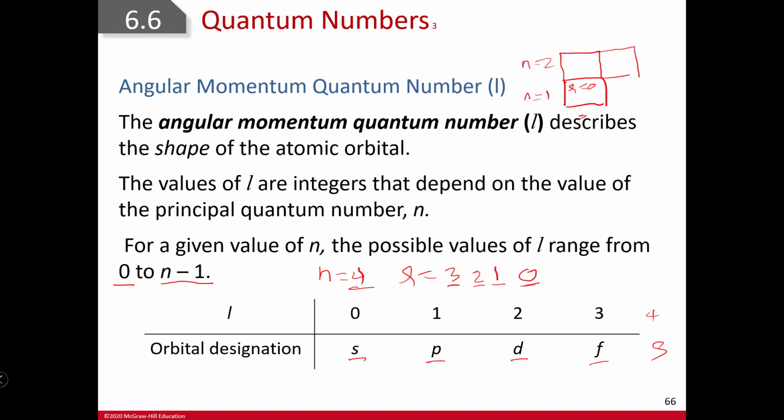You get L equals 2 minus 1, which is 1, and you also get 0. And then if you have N equals 3, you get 3 L values. You get 3 minus 1, which is 2, and then you get 1 and 0. You always have a 0.